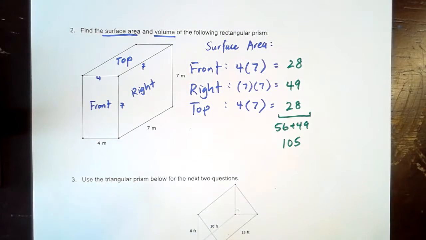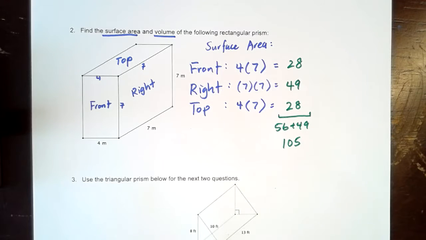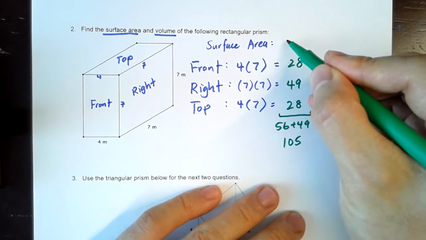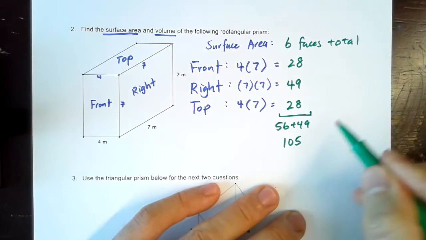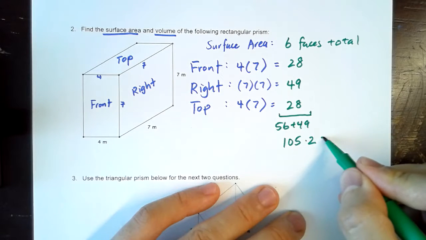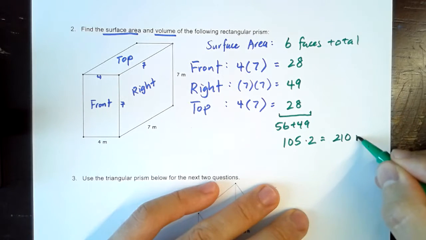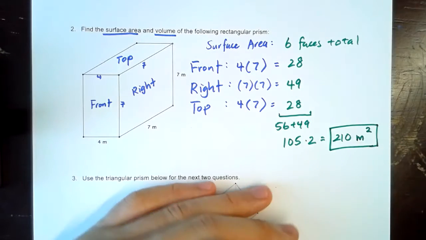But we remember, class, that this is only 3 of the faces. So in order to calculate all 6 faces, we need to take this number and multiply it by 2 to get a grand total of 210 meters squared. That's the surface area.